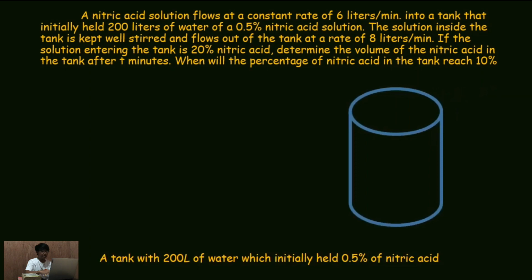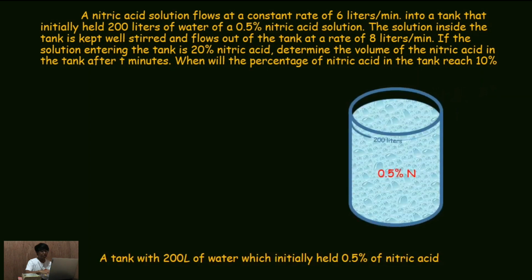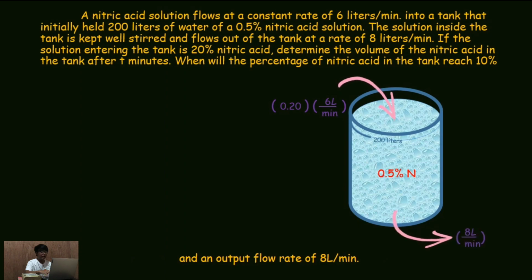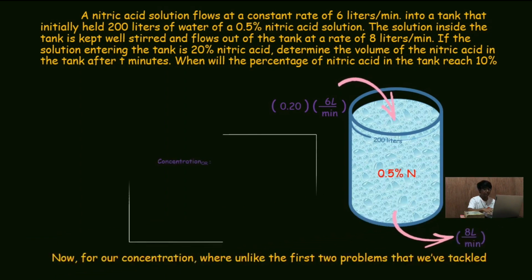A tank with 200 liters of solution which initially held 0.5% nitric acid, an input flow rate of 6 liters per minute at 20% concentration, and an output flow rate of 8 liters per minute.